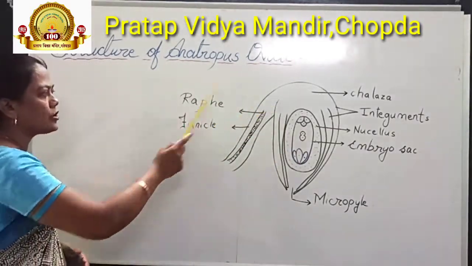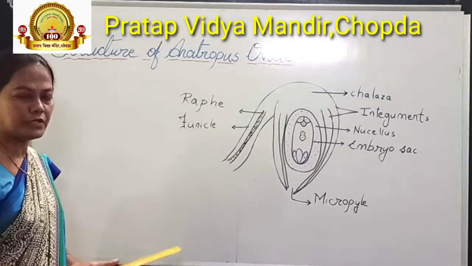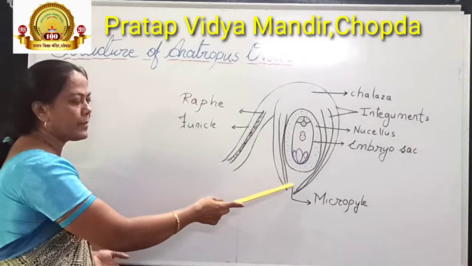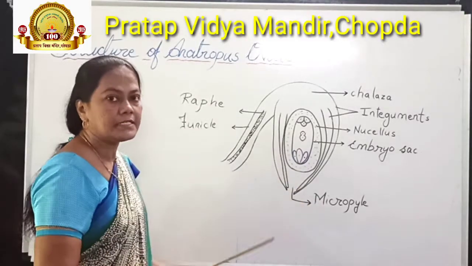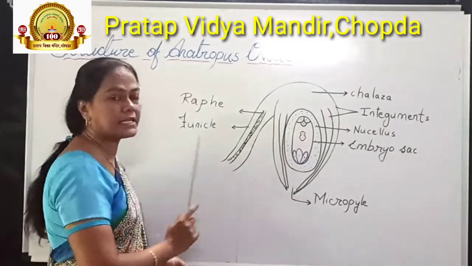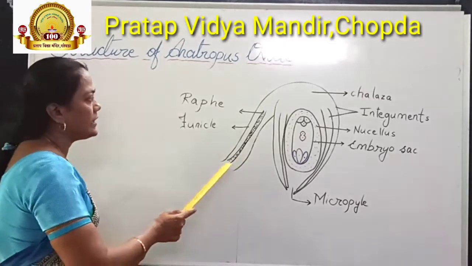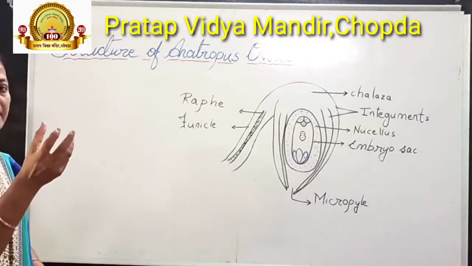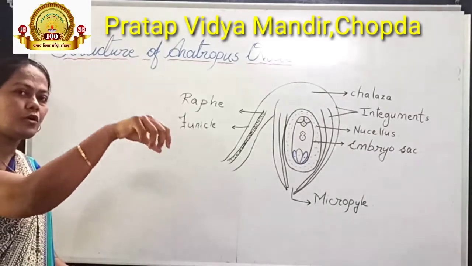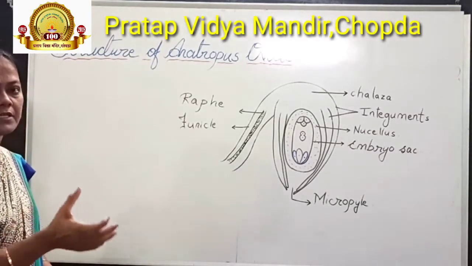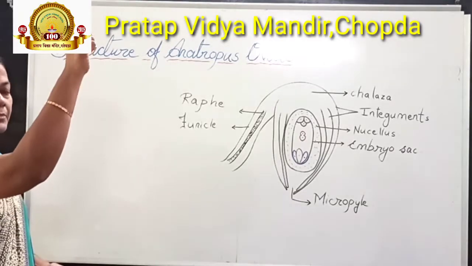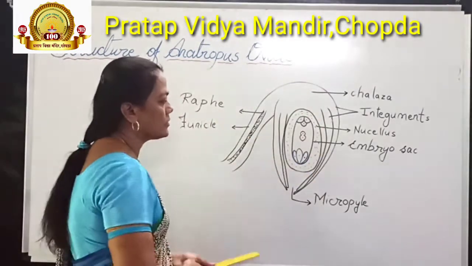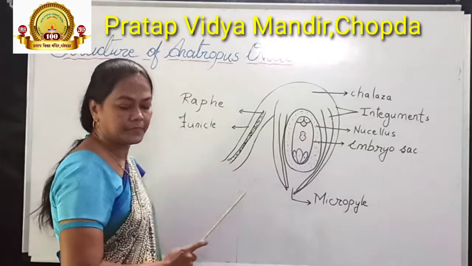Now, this anatropous ovule, the inverted ovule, generally has the micropyle for fertilization. When the pollen grains, that is the male gametophyte, fall on the stigma of the gynoecium, the pollen tube enters the ovule through this micropyle.